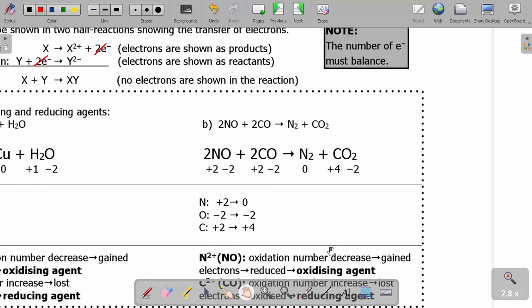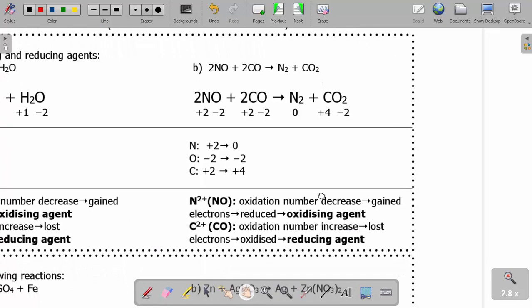So for that matter, note this now. Nitrogen, what about its oxidation number? It's from +2 to 0. So it has reduced. Okay. So in this particular case, nitrogen becomes the oxidizing agent. Why? Because it has oxidized the carbon from +2 to +4. Check, from +2 to +4. What has done that?